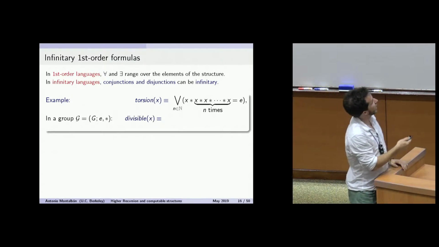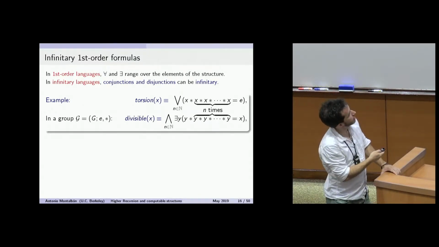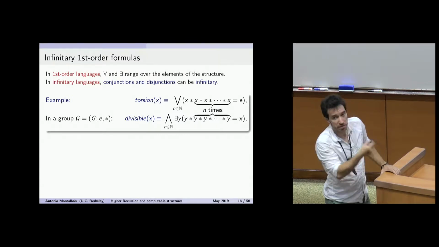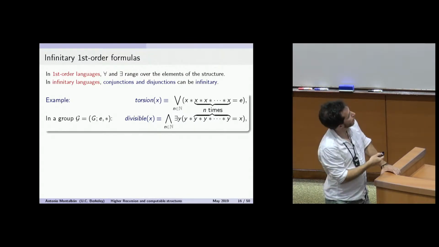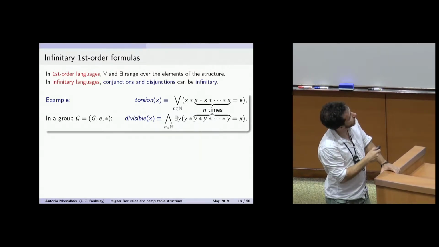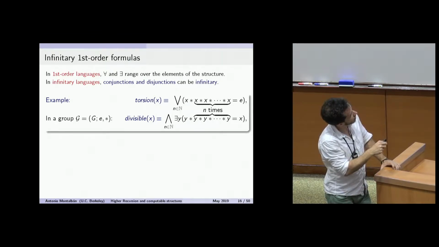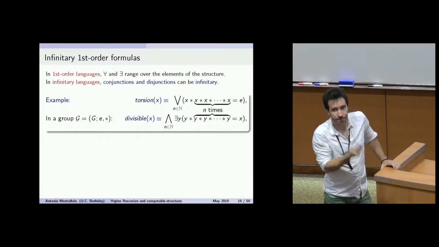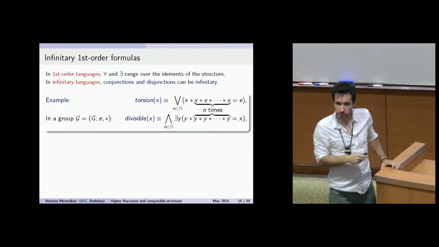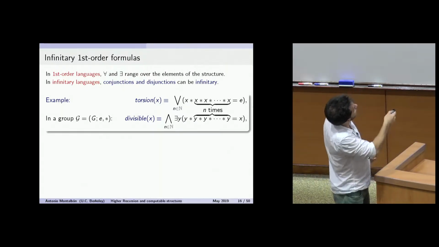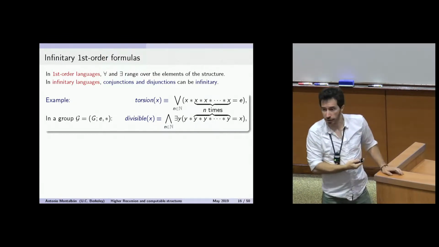If you want to say that x is divisible, it means that it's divisible by every natural number. You have to say that for every natural number n, it's a conjunction over all the natural numbers: there exists a y such that y multiplied by itself n plus 1 times is x. So these are infinitary formulas in the language of groups, identity and star.